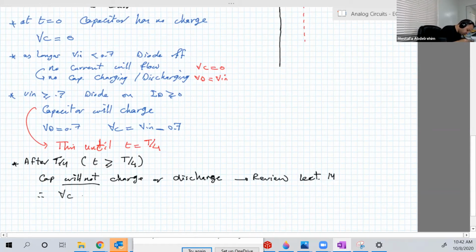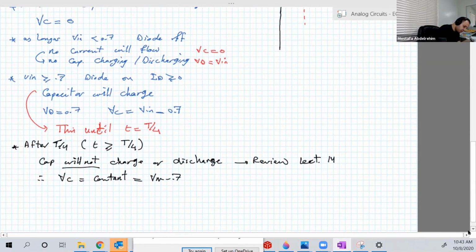So VC will be constant, equal to Vmax minus 0.7, the last voltage it reaches at t equal to T over 4.